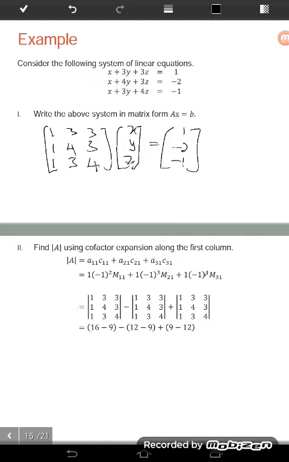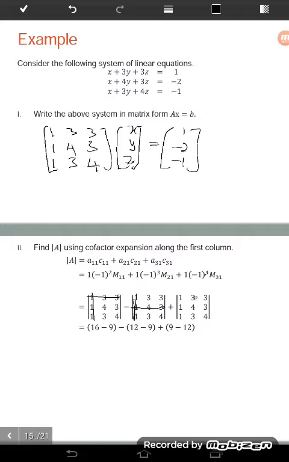Okay, so it is equal to 1 times negative 1 to the power of 2, so it is 1, M11, so close the first row and first column. And then 1 times negative 1 power of 3, which is negative 1, so negative M21, close the second row and first column.